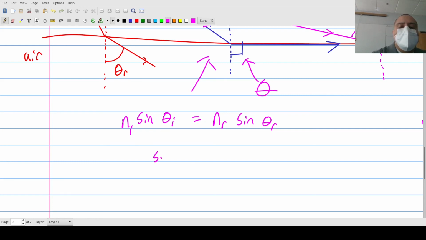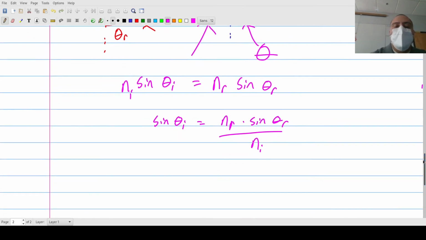I'm going to get sine theta I equals n refracted times the sine of theta refracted divided by n incident. Then we're going to take an inverse sine. So theta incident is going to be equal to the inverse sine, or the arc sine, of n refracted sine theta refracted divided by n incident.